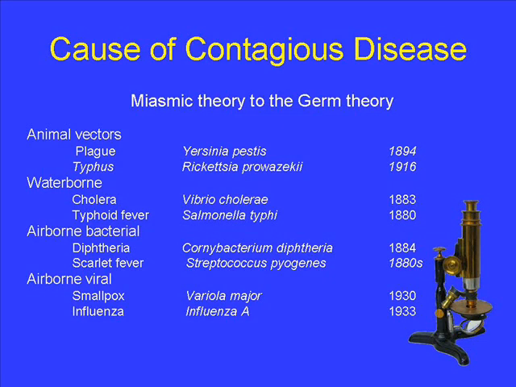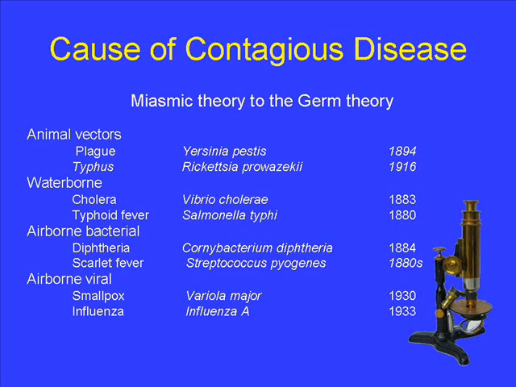Well, we know that the microscope was established and developed in the 18th and certainly in the 19th century, and it was the window that opened the golden era of microbiology in the last half of the 19th century.